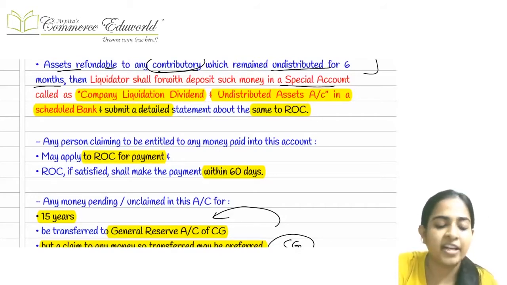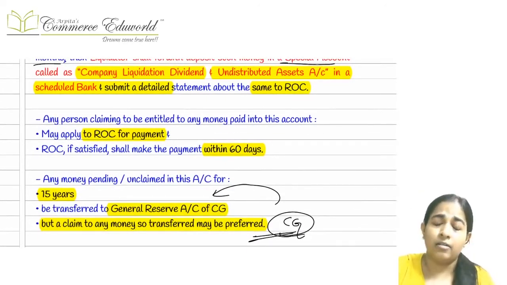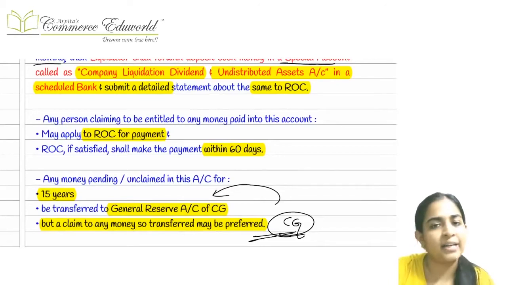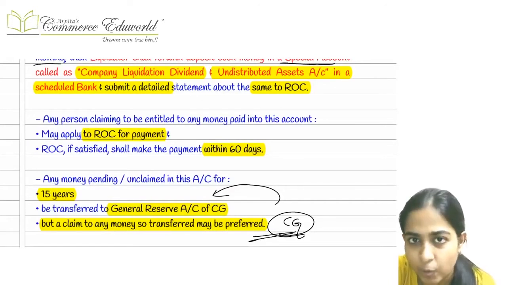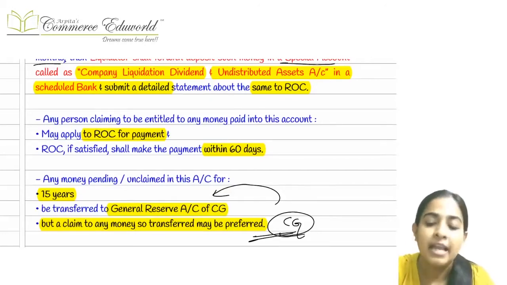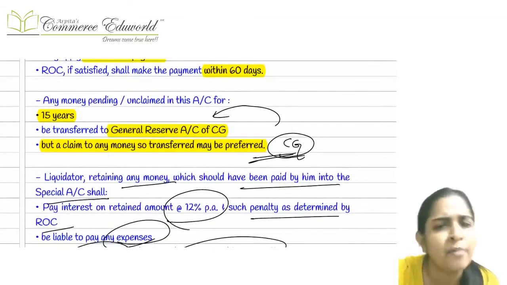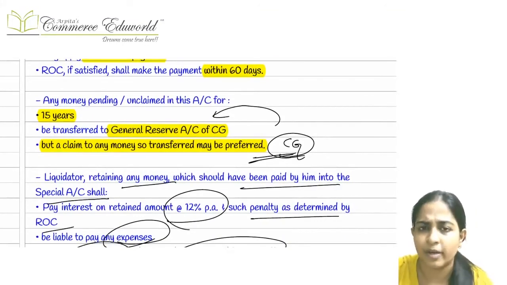So that creditor or contributory can make an application to the ROC, and then the ROC can pay the money out of that particular account. If the money is kept in that account for a period of 15 years, then after that it gets transferred to the general reserve account of the central government. From that also the money can be taken, no problem in that, but the account changes.